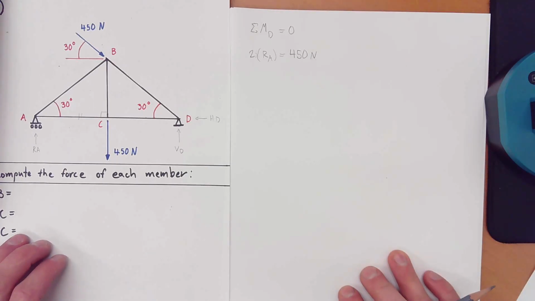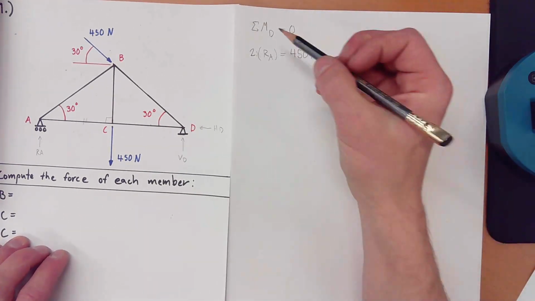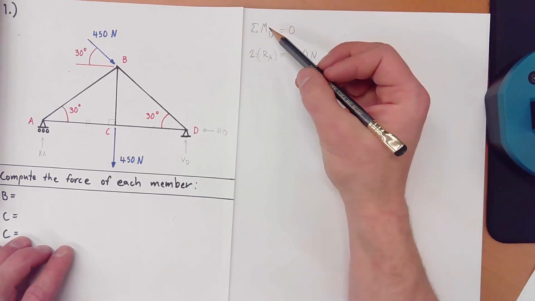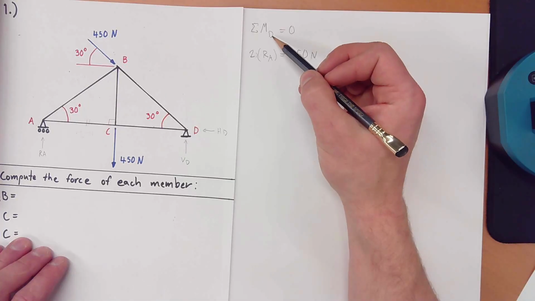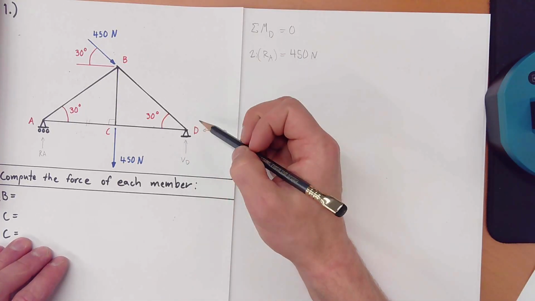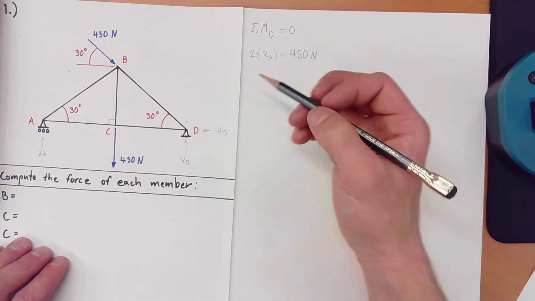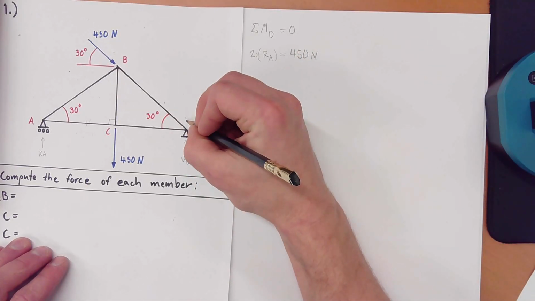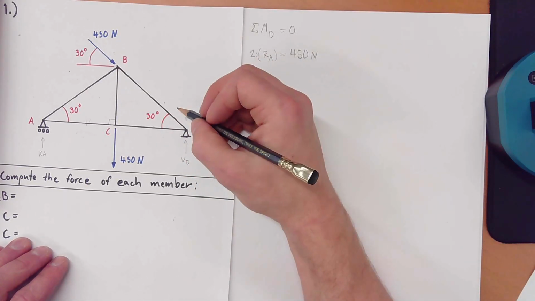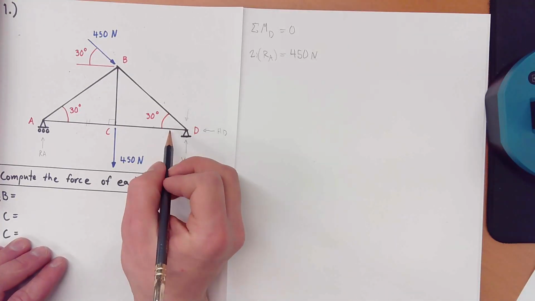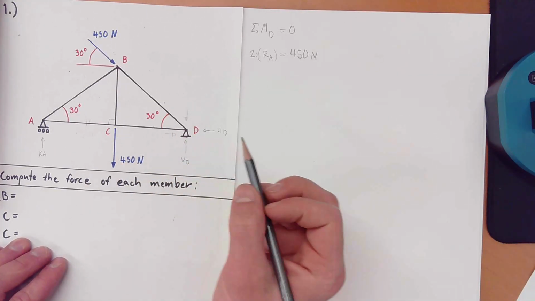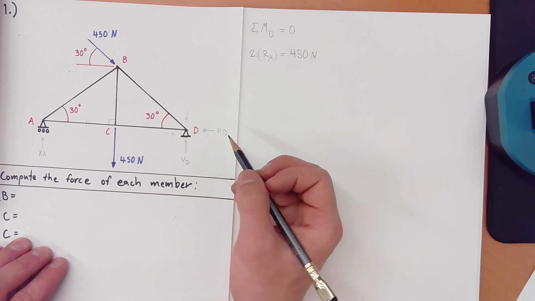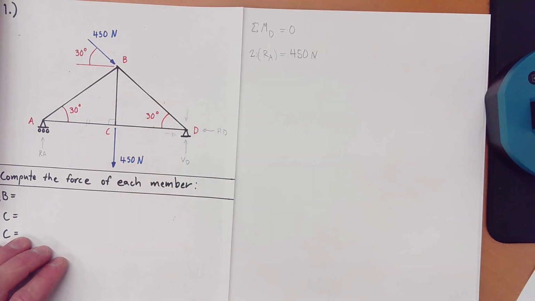So if we are starting our equation, we know that the sum of the moments around point D, this is point D, must equal 0. So whatever the force is coming down this way, vertically, whatever the force is going this way, horizontally, must all equal 0.